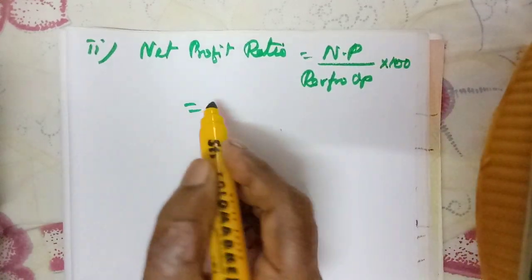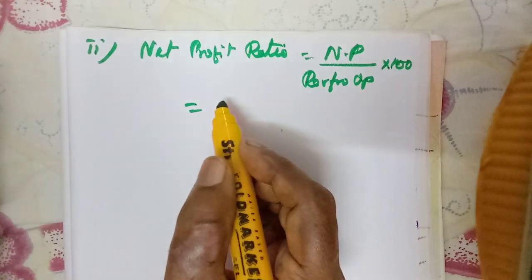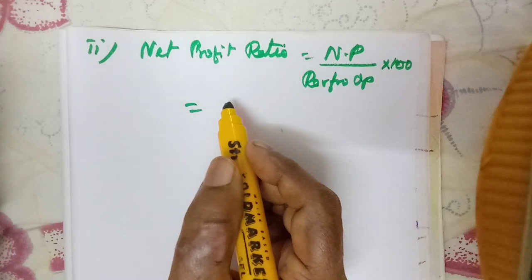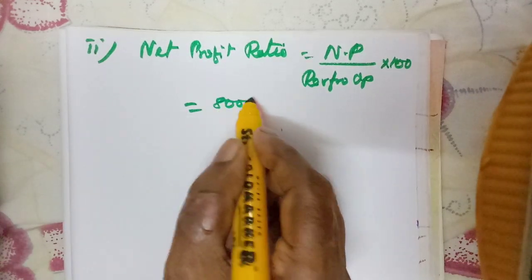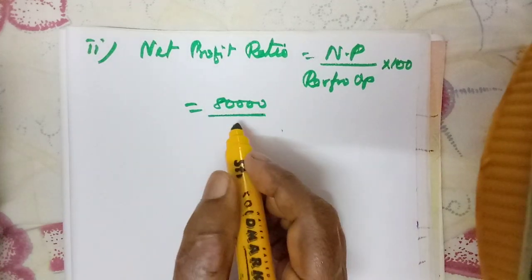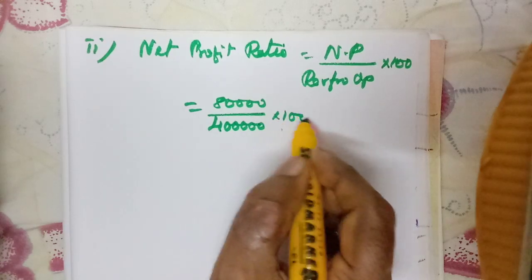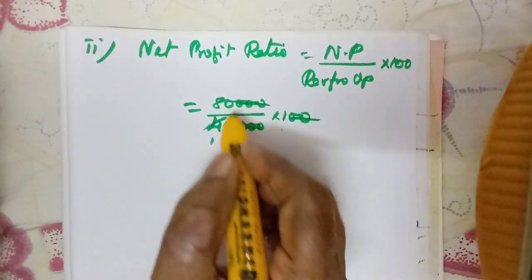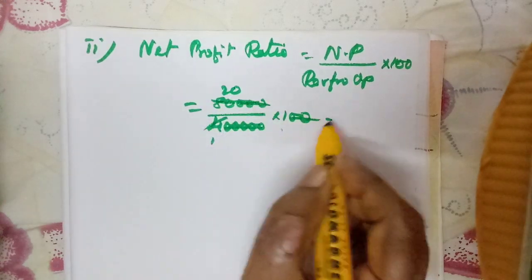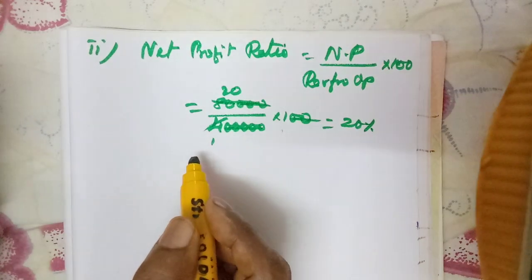Now net profit is given, 80,000. That is the last one, Roman number 5 in the table, profit before tax 80,000. Then revenue from operation 4 lakh into 100. 50, 4, 20. So 20% is the net profit ratio.